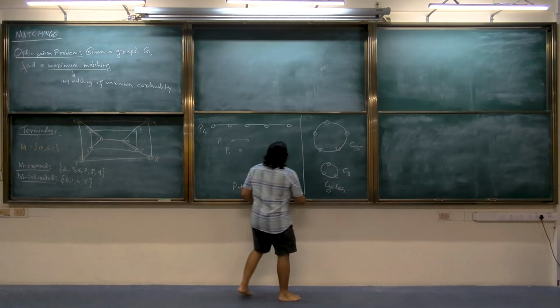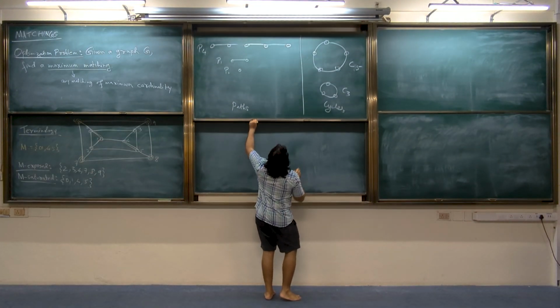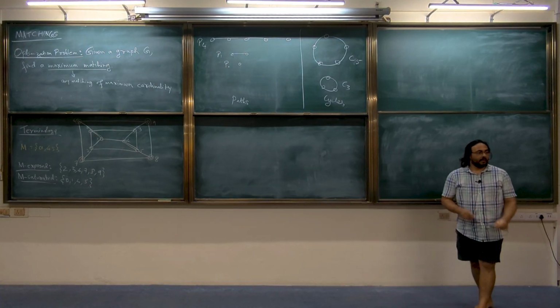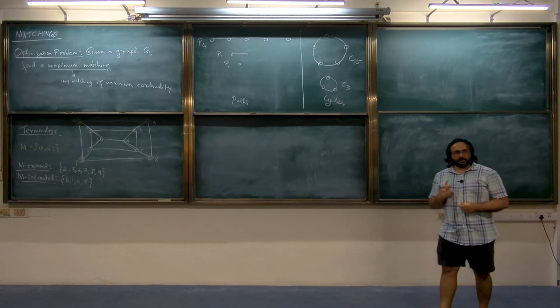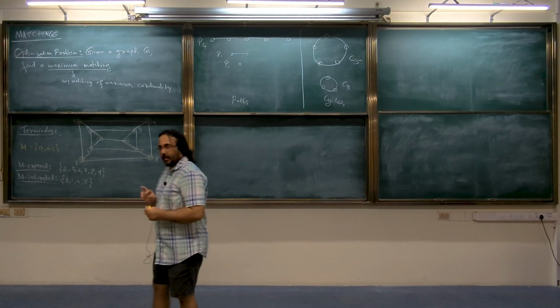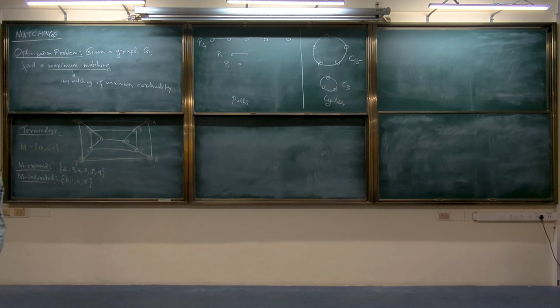So what we'll do is look at a certain type of path in this graph, and on that path we will do some kind of switching. The word itself says everything you need to know. On that path we will do switching in order to get a bigger matching.